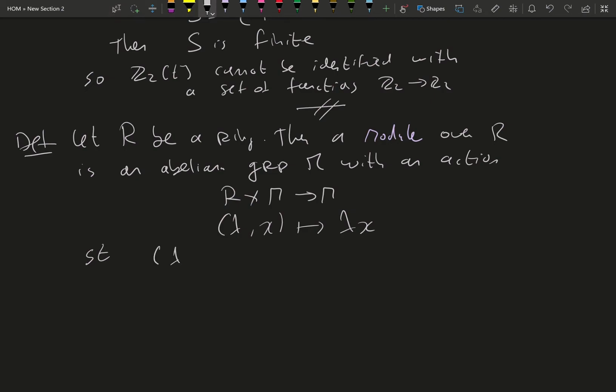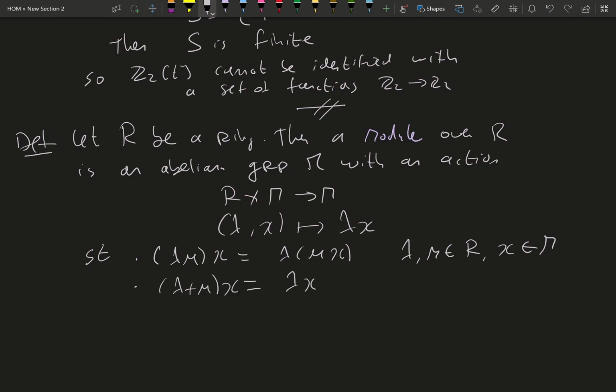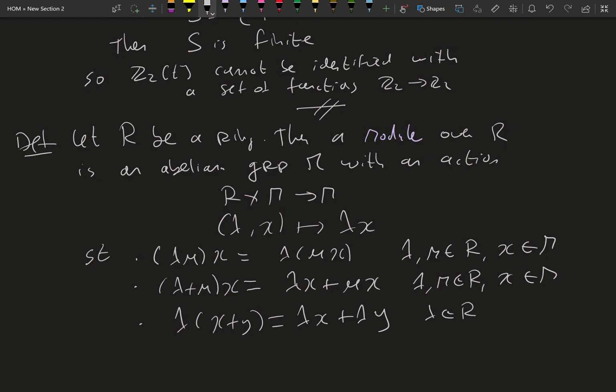We have that it doesn't matter in which order you multiply elements of R and then an element in M. And likewise, we can take two elements in R, add them together and let them act on x, and it's the same as this, for lambda, mu in R and x in M. And on the other hand, we can take lambda and two elements in M, and we see that that is also the same like this.